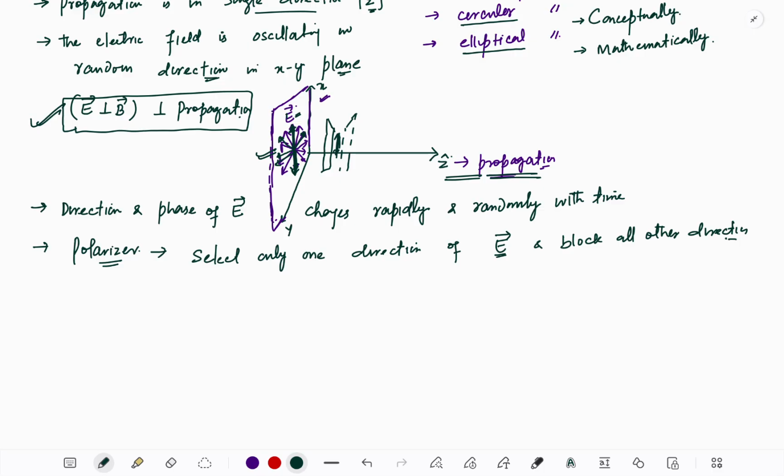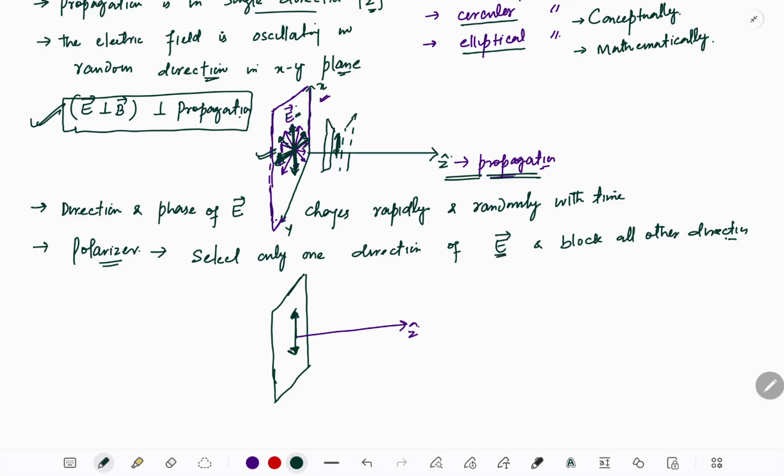We may get electric field along the x-axis only, or it might oscillate in two directions, maybe x and y. Maybe we use a polarizer in such a way that this component also passes. Let me write it here again. So this is the direction of propagation, and let's say we allowed this component only.